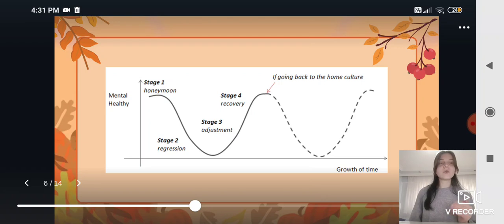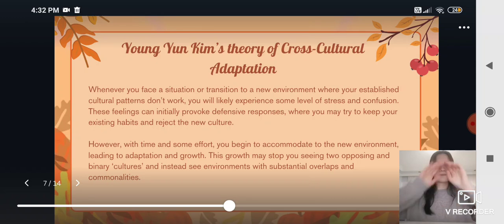But like we said, with time we are getting to know the culture and the environment, and it's getting low again. I'm sorry, it's rising again. And if after that process we go back to our home, we have to go through this process again. So it could be a little tricky for us, but yes, this is the thing.